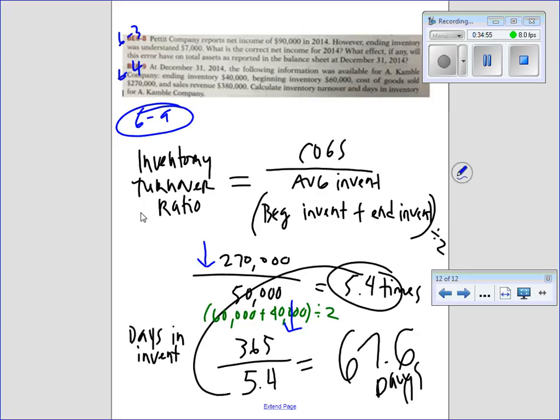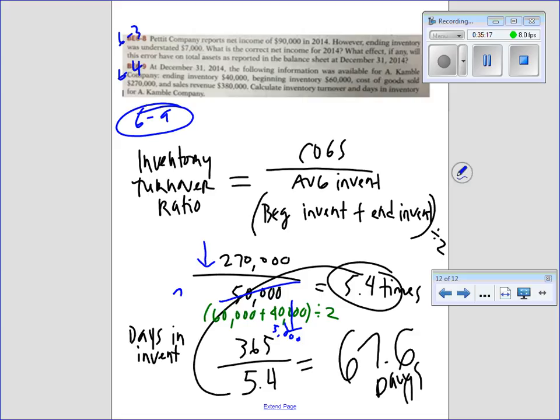Let's run the numbers a little bit differently here. What if we started with 60, but we ended with 5,000? Someone run the number on that. What's 60 plus 5? 65 divided by 2?